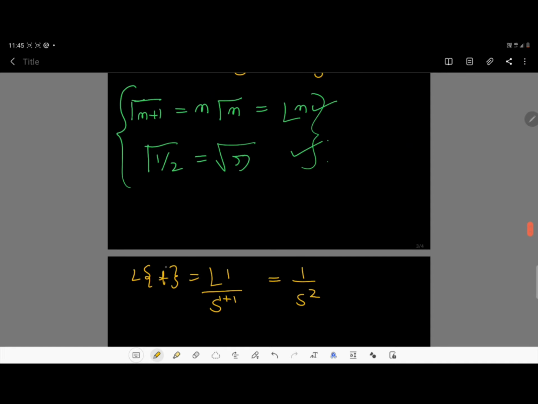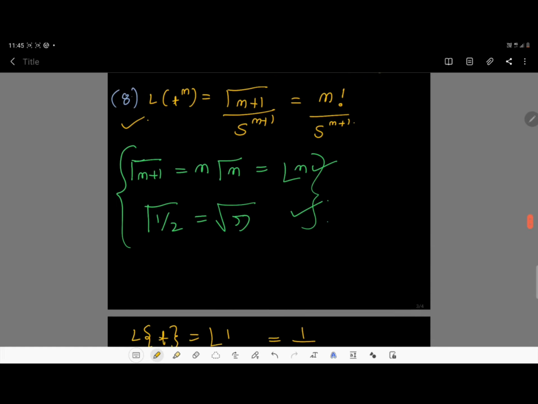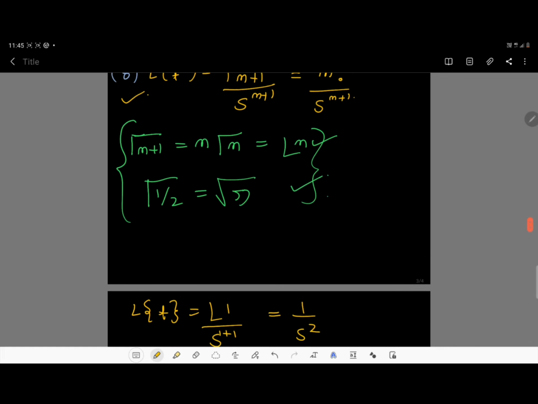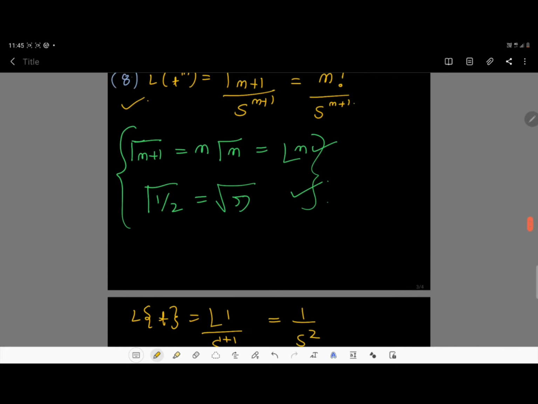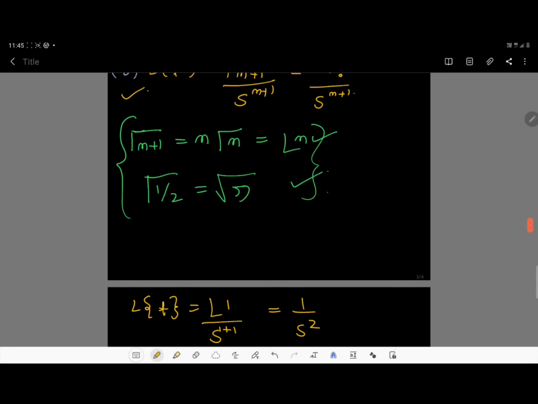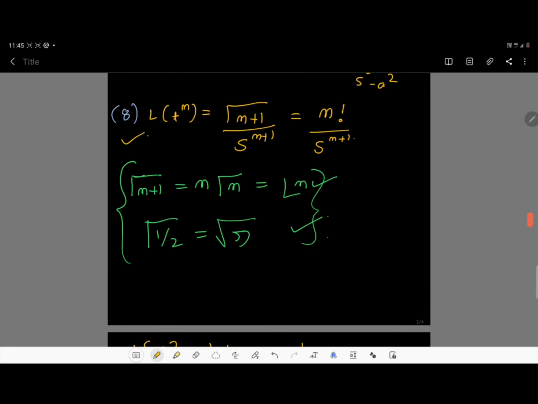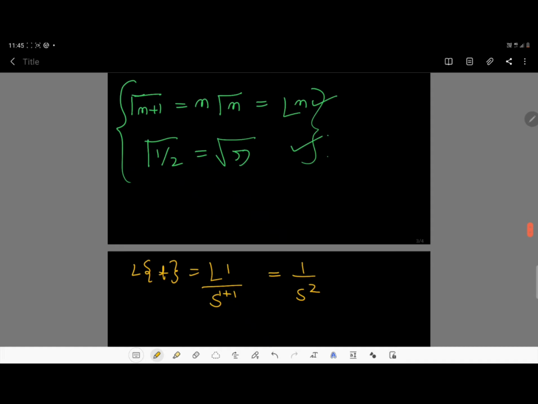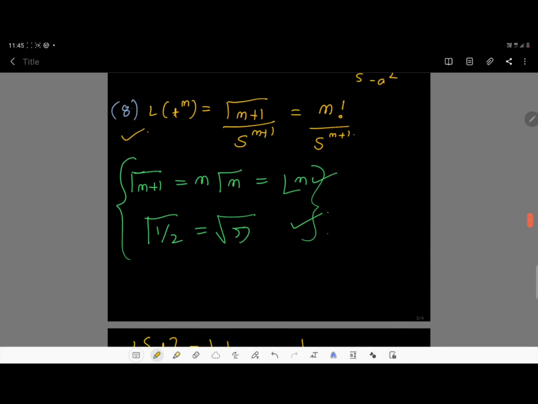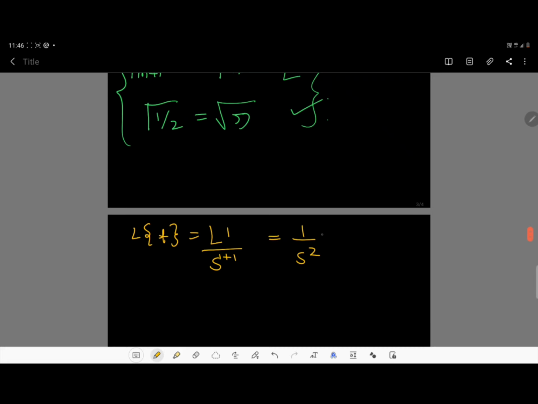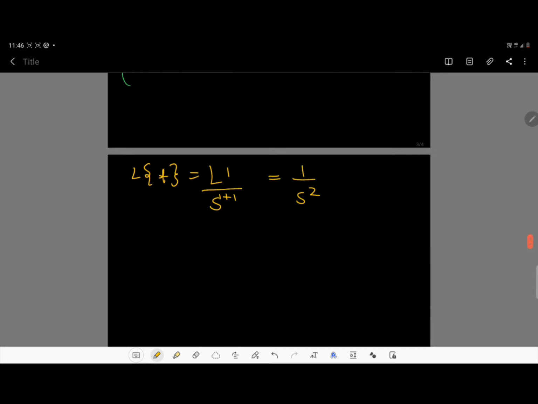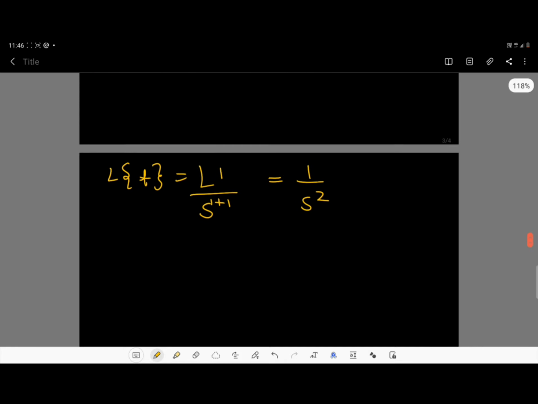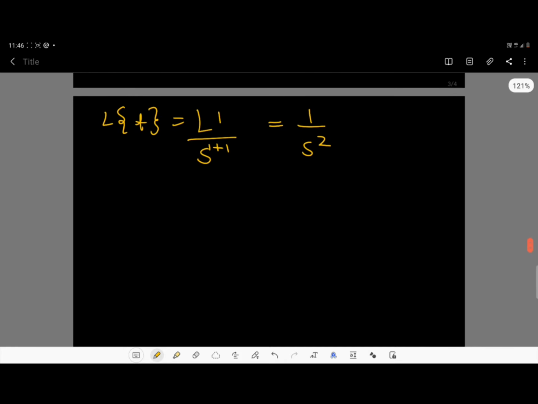What is the value of n here? 1 only. Substitute 1 here: 1 factorial upon s raised to power n plus 1, which is 1 plus 1, so it is 1 upon s square, right? From this formula only I got the result.